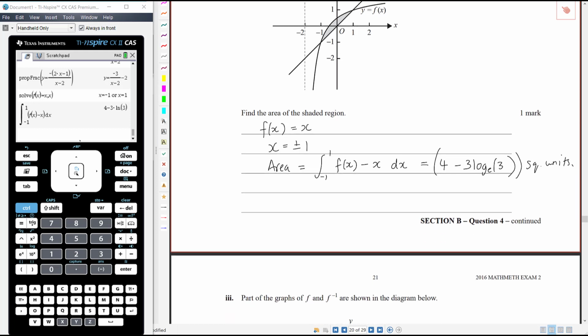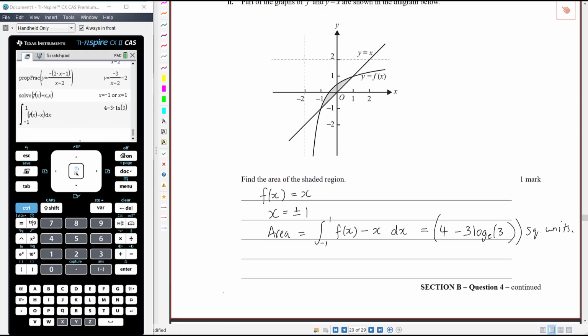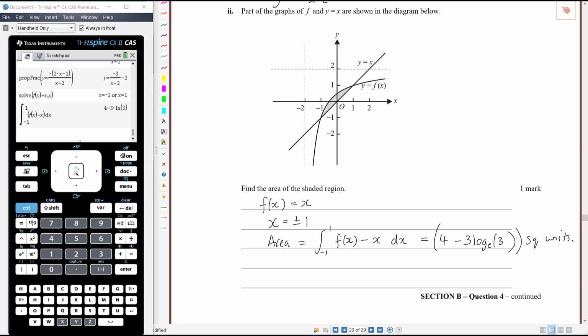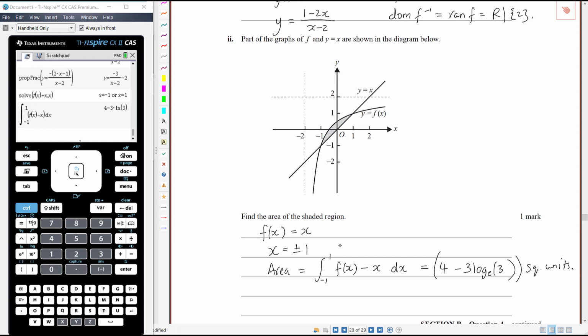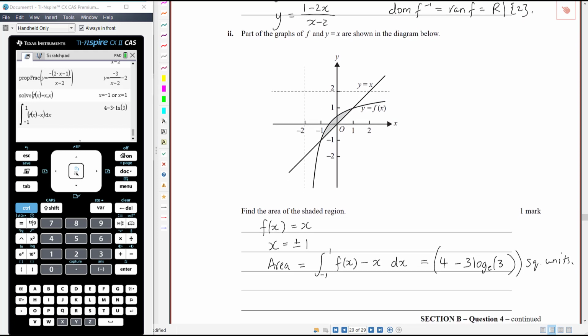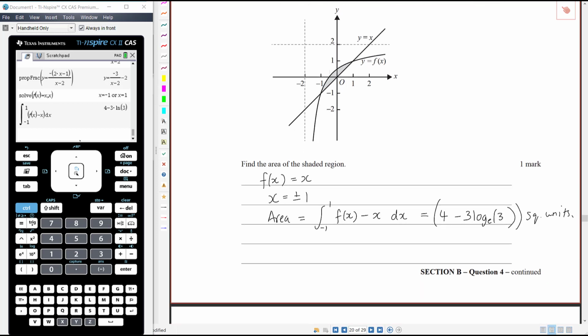That's a 1 mark question, so it's really just for the answer. It probably could have been worth 2 marks to find your x values, although you could probably read them off the graph, but I'd be very cautious about reading numbers off a graph. But it certainly does confirm that it's definitely somewhere like -1 to 1, and yes, indeed it is.